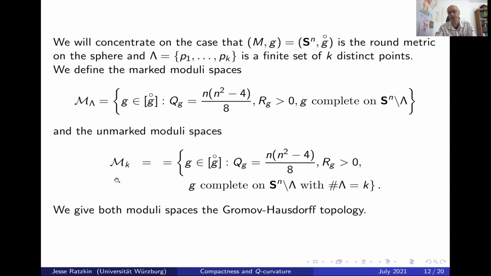And in the unmarked moduli space, I don't specify the position of the punctures. I only specify the number of the punctures. So obviously, in a sense, this unmarked moduli space contains the marked moduli space. And I want to place the Gromov-Hausdorff topology on both of these moduli spaces.